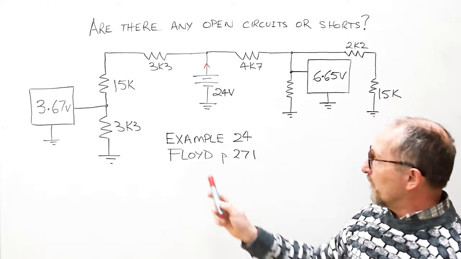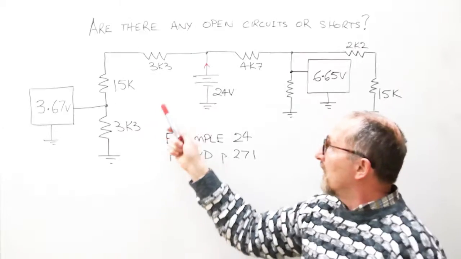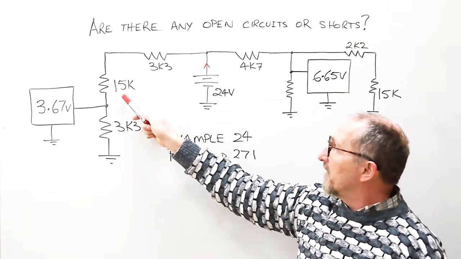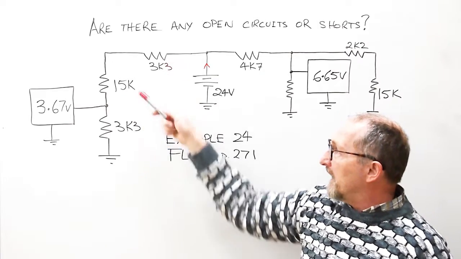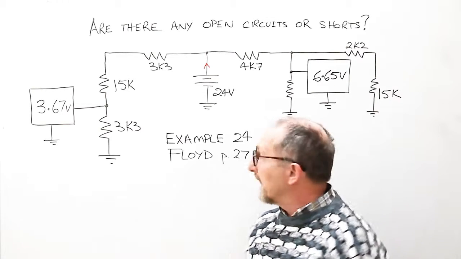Now, for example, here in the left-hand side, this left branch of the circuit, I've got 3.3K, 15K, that's about 18K, plus 3K, that's about 21K.